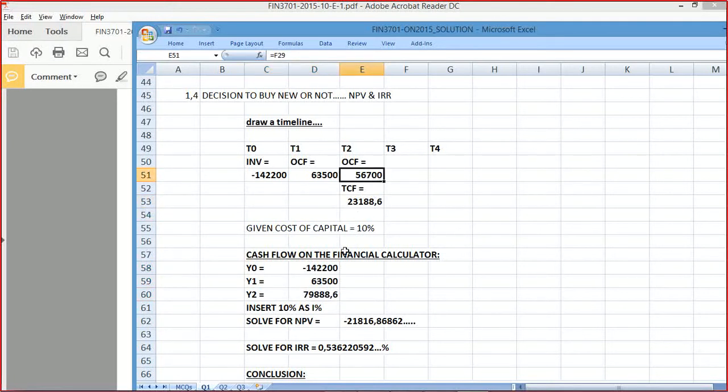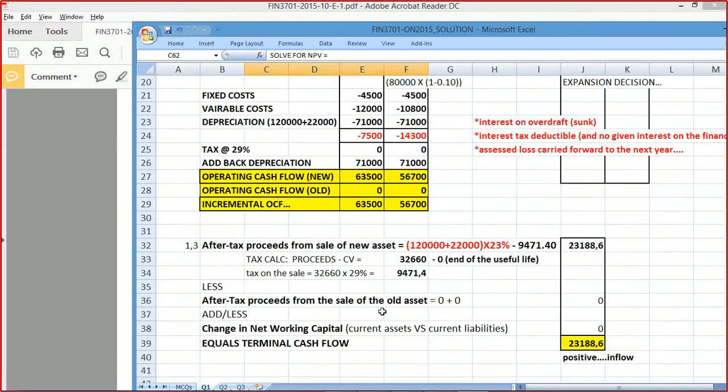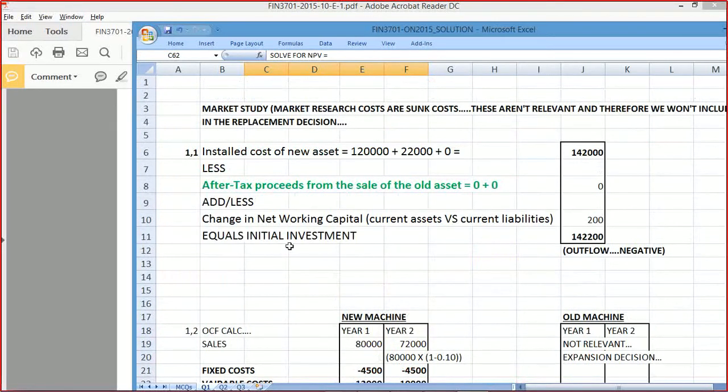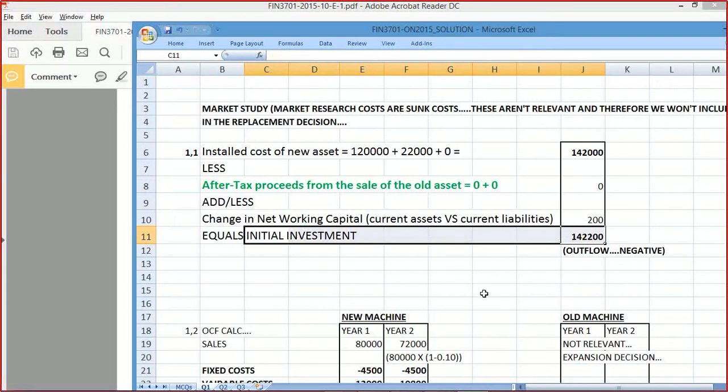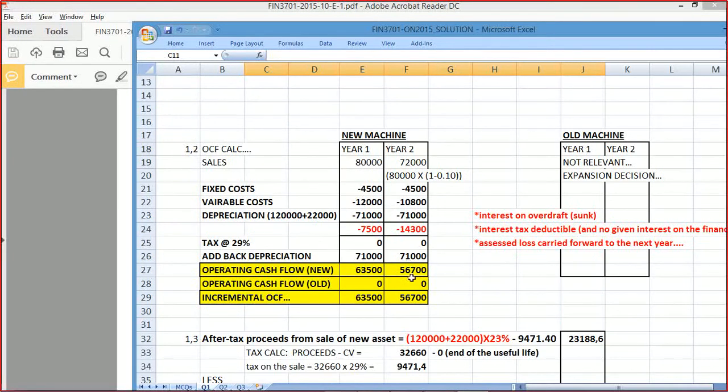Did you not have something different for the cash flow? Remember, your cash flows were slightly different. What was the initial investment? Initial investment, 142,200. The cash flows here for the new and the old.